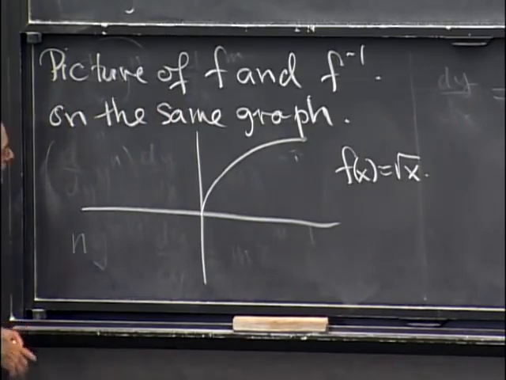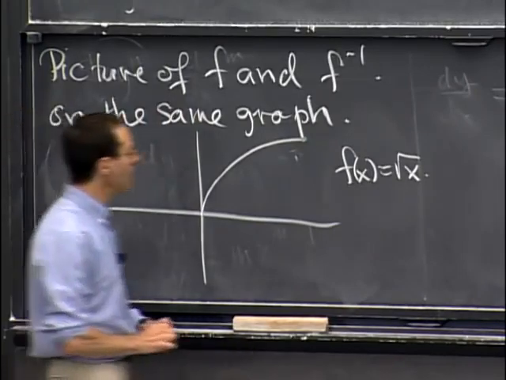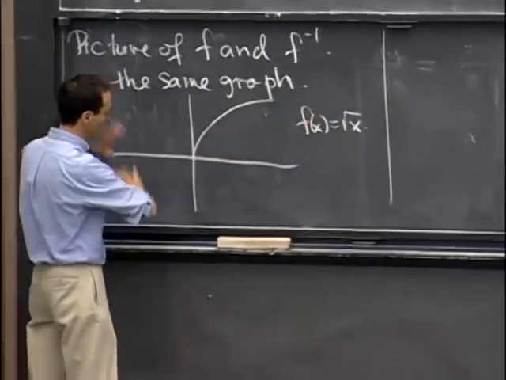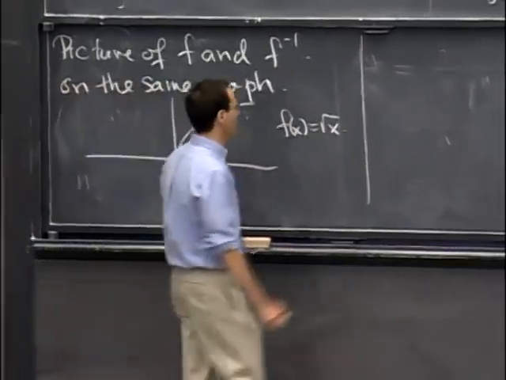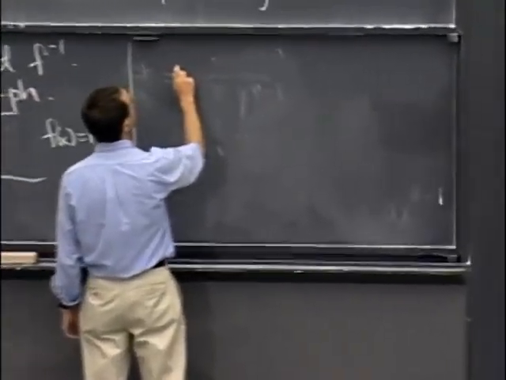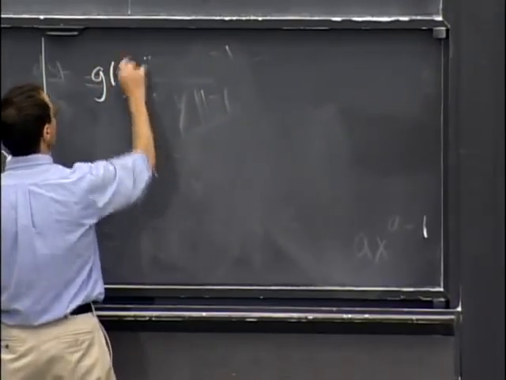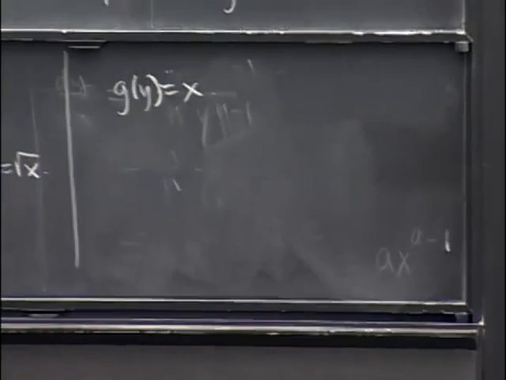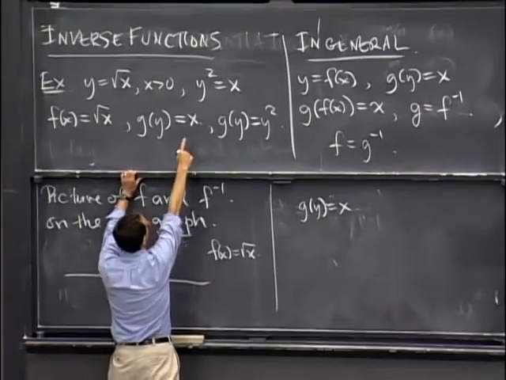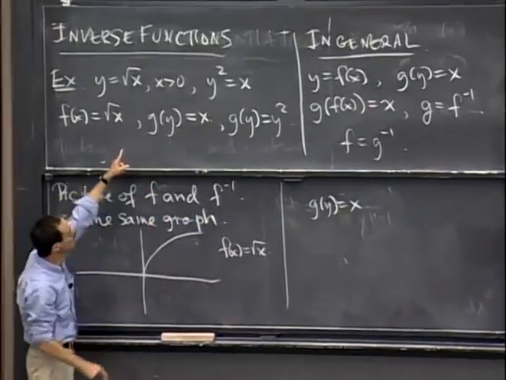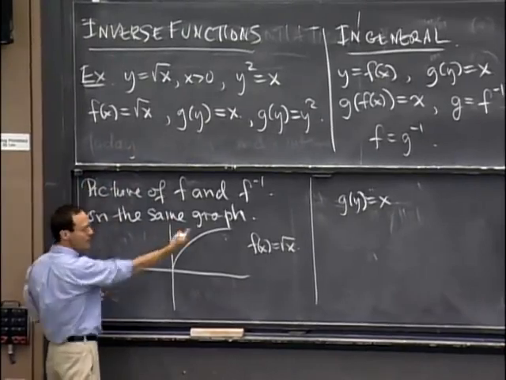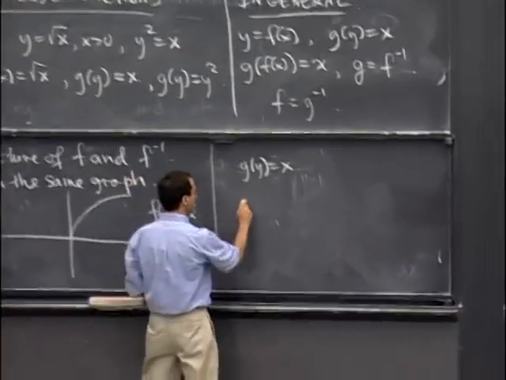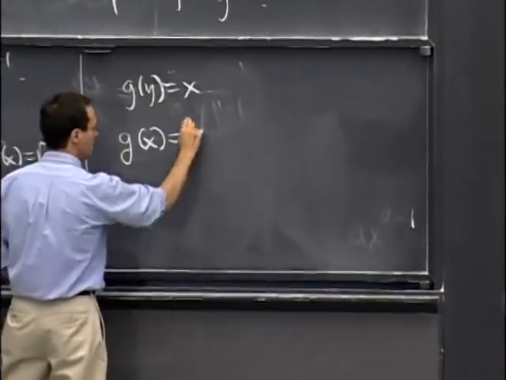And now, in order to understand what g of y is, let's do the analysis in general, but then we'll draw it in this particular case. If you have g of y is equal to x, that's really just the same equation, right? That's y squared equals x. This is y equals square root of x. Those are the same equation. It's the same curve. But suppose now that we wanted to write down what g of x is.